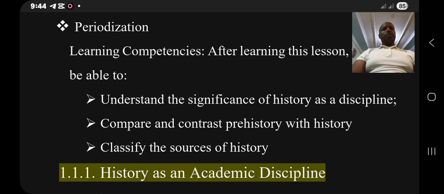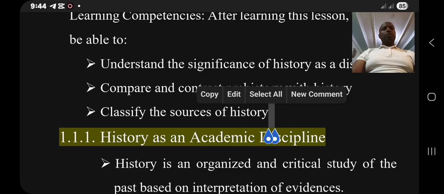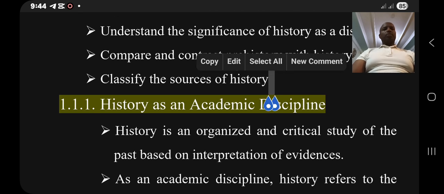Dear students, it's better to start the first subtopic of this unit. It states about history as an academic discipline. Many scholars defined history in different ways.